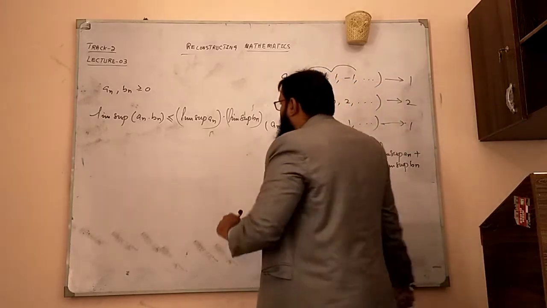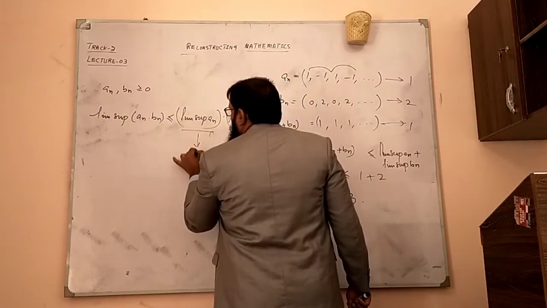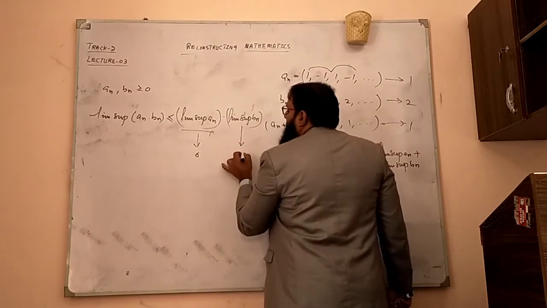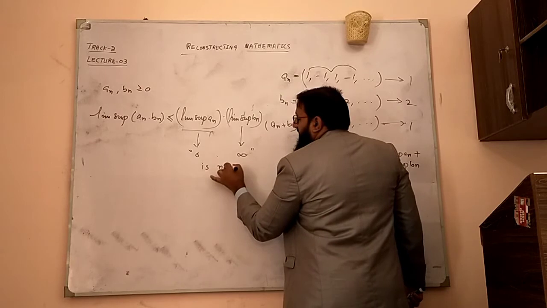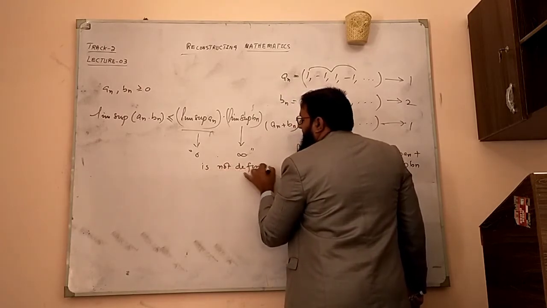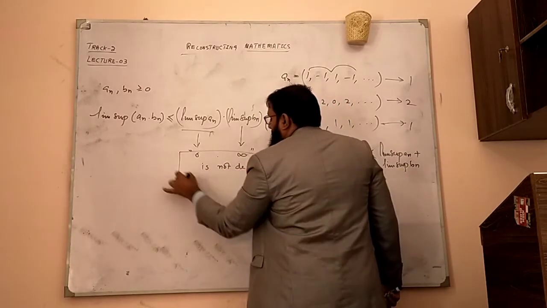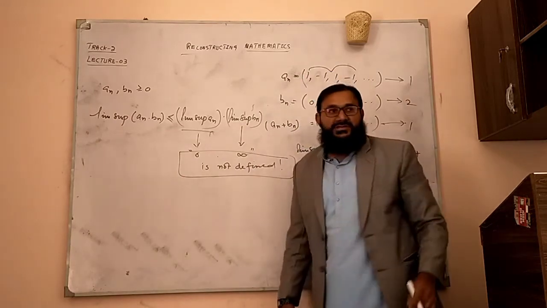What is the problem in this case? Let's say this limsup is 0 and this limsup is infinity. Then 0 times infinity is not defined. You should be careful in this case, otherwise there's no problem.